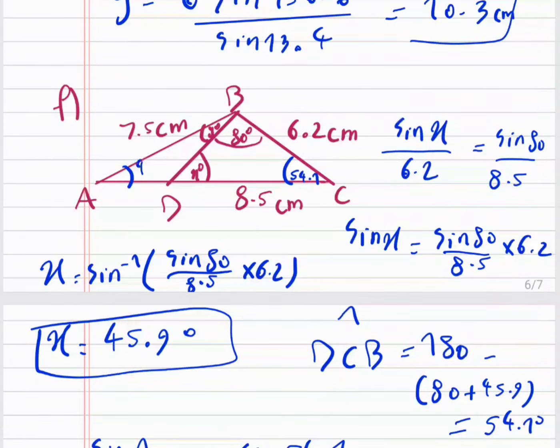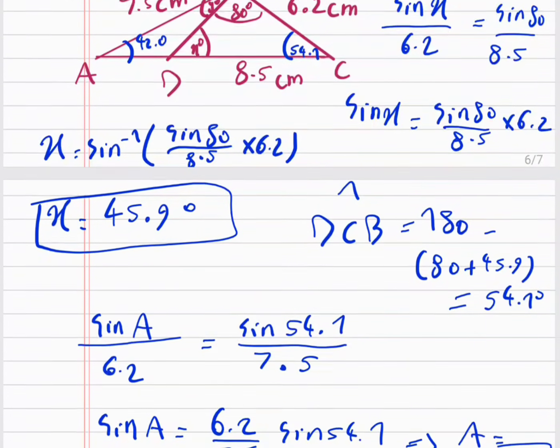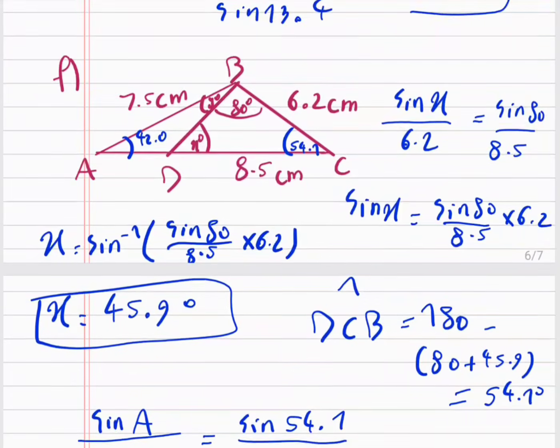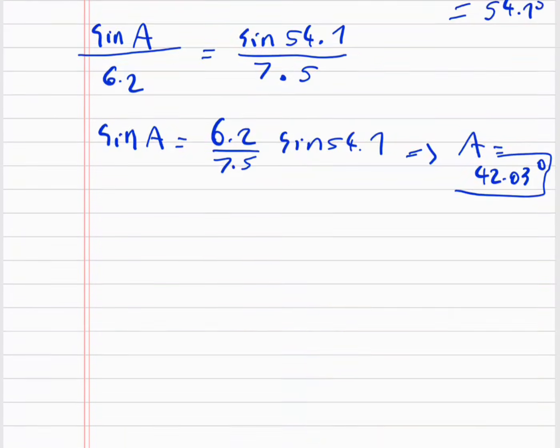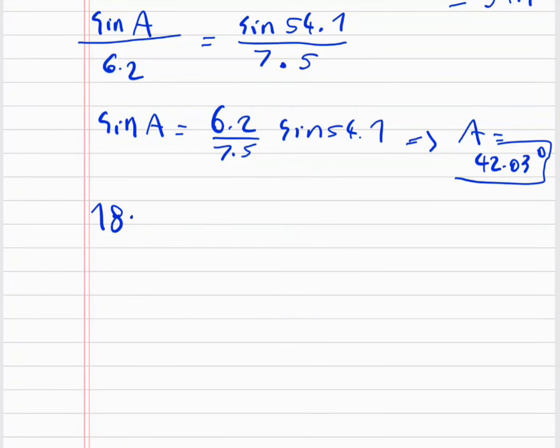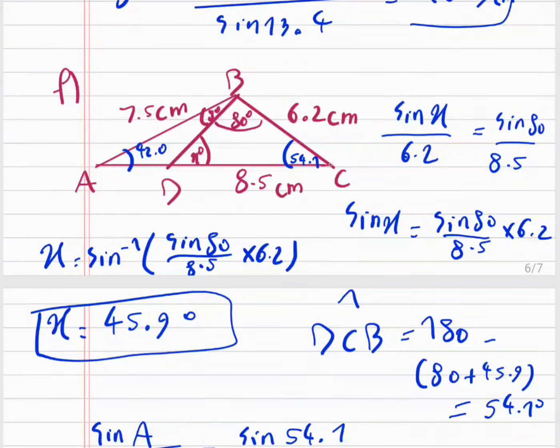Now that we have A, then the rest is very simple, because we can just simply do, let's say y is equal to 180 minus the sum of angle A, C and then this part of that, which is 80 degrees.